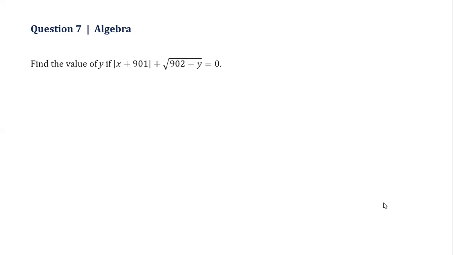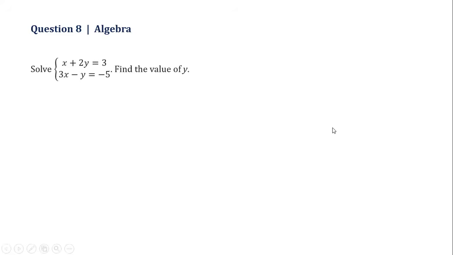Any questions? I think we can proceed to this. Okay, so x plus 2y is equal to 3 and 3x minus y is equal to 5. What is the value of y? So there are a lot of ways to go around this problem.